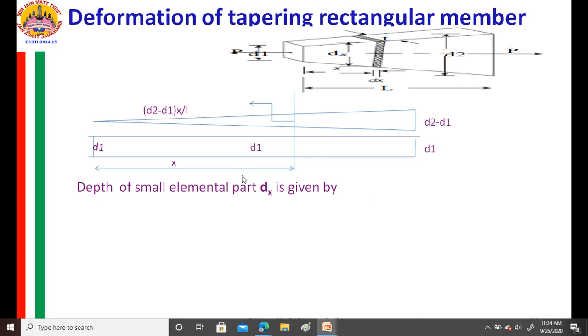Here the depth is d1, here the depth is d2. Just take the total of these two, d1 plus d2 minus d1 will become equal to d2. Now I am interested in the dimension located at a distance of x from one of the ends.